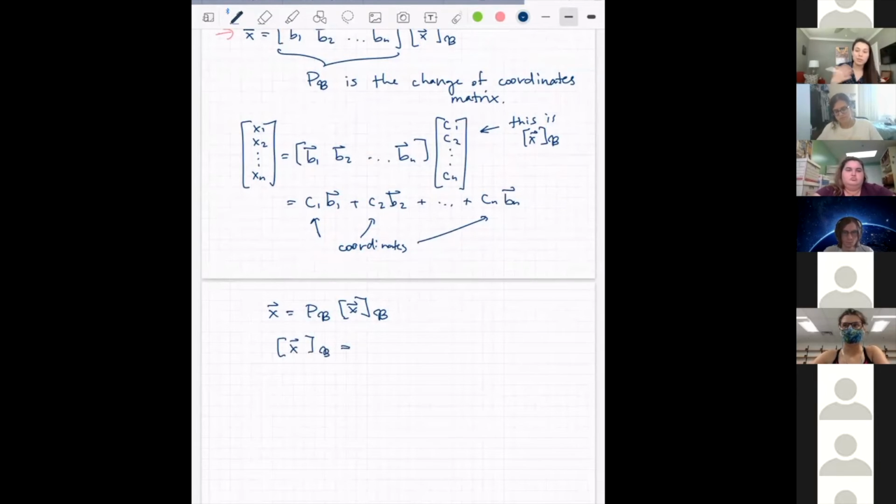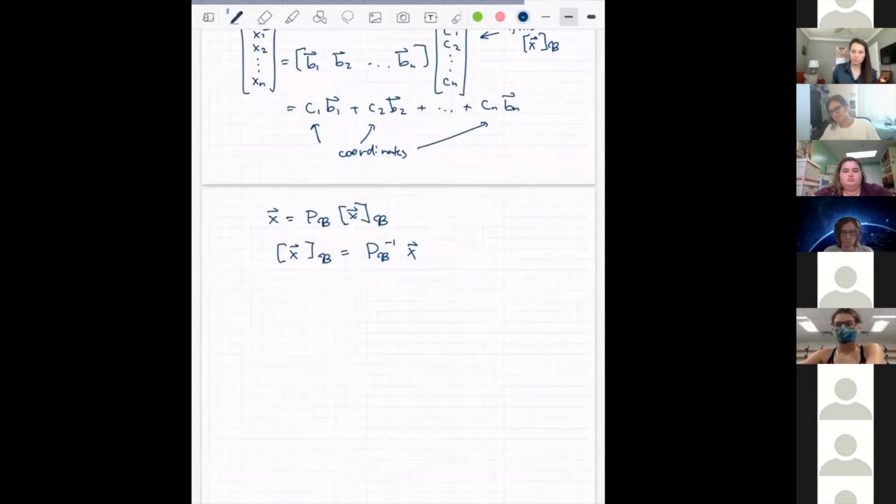If we want to compute the B coordinate of X, that's the same as multiplying our original vector by the inverse of the change of coordinates matrix. Does that make sense?